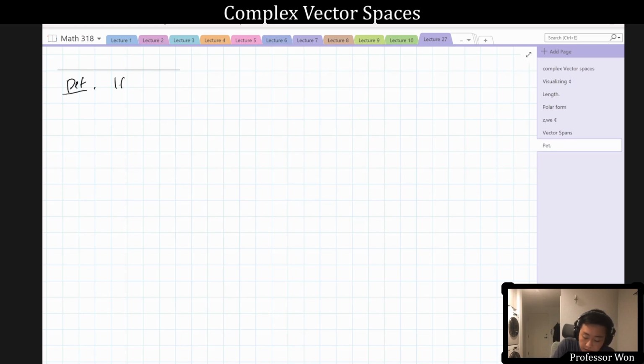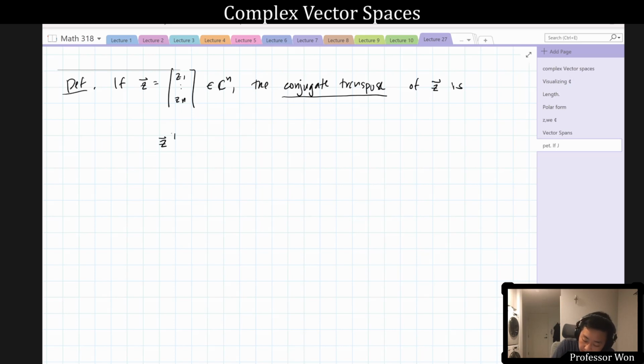So if z, which is z1 through zn, is a vector in C to the n, then the conjugate transpose of z is, you take the transpose and then you take the conjugate of every entry.